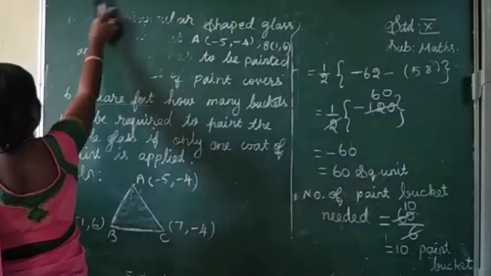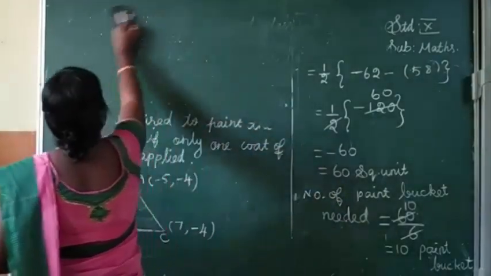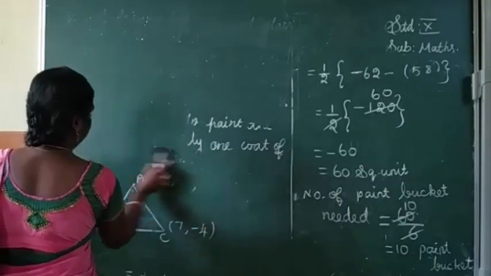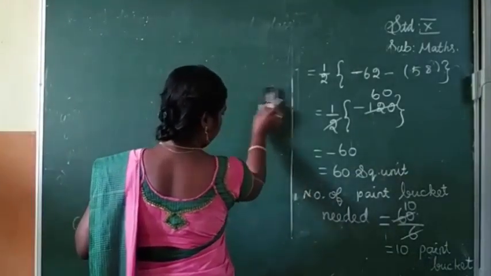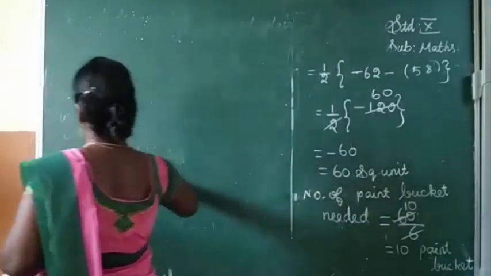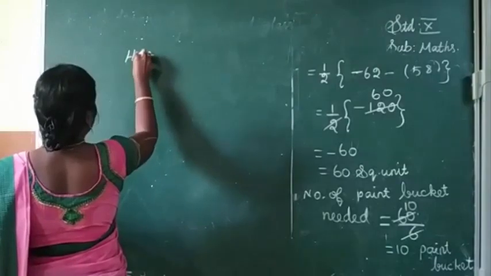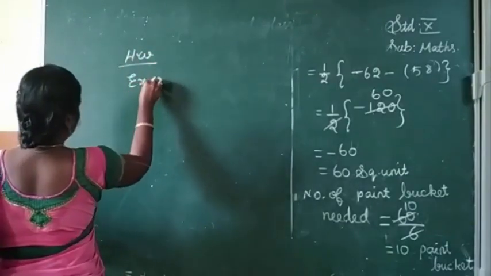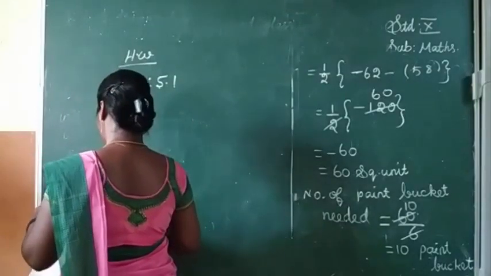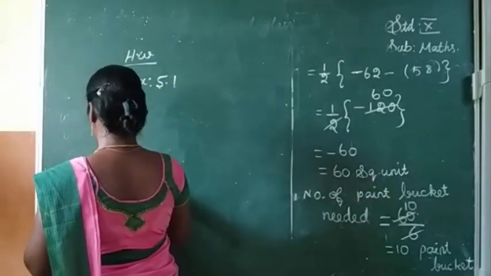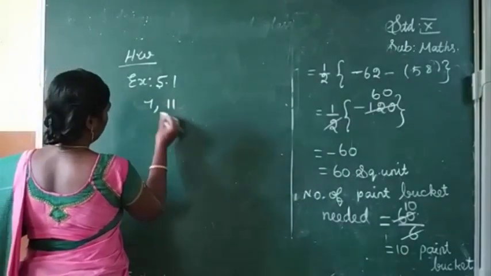Then note the homework. Exercise 5.1. Problem numbers 7 and 11 are homework.